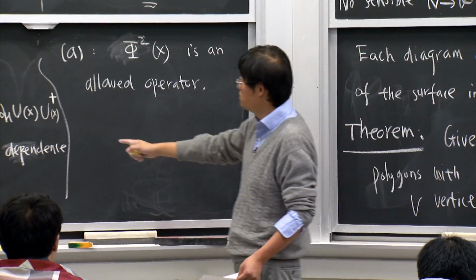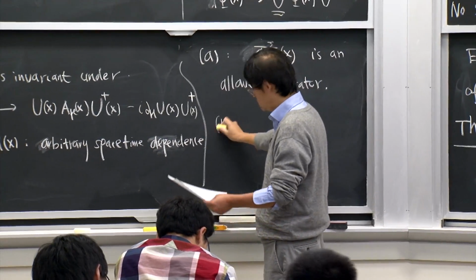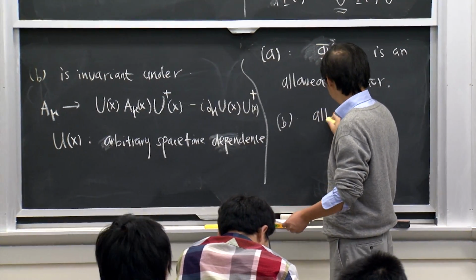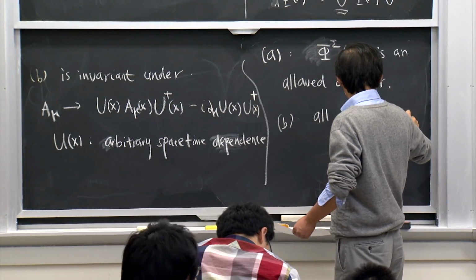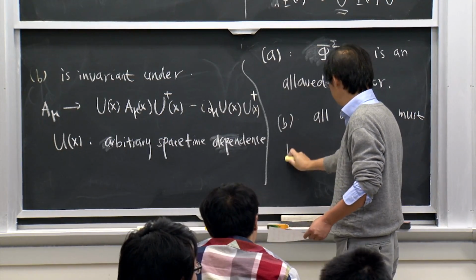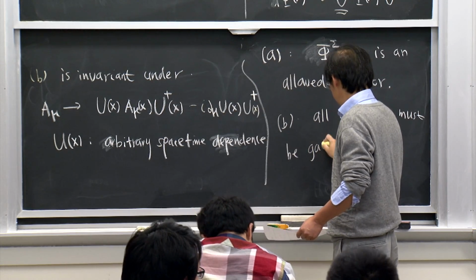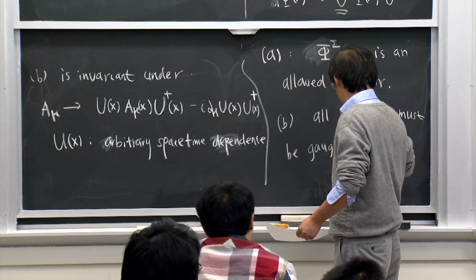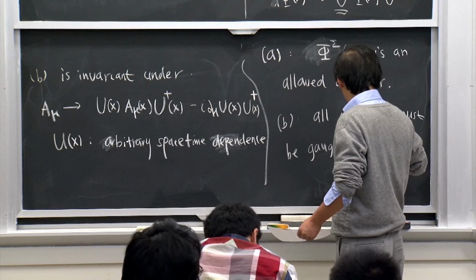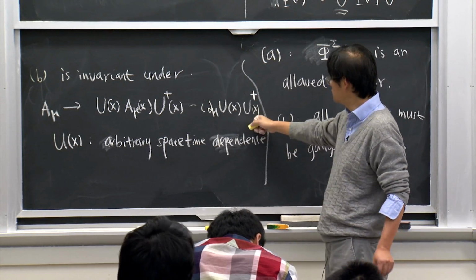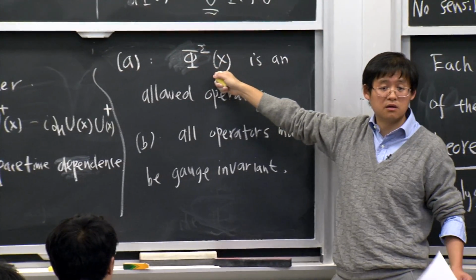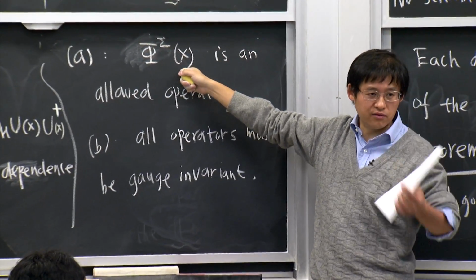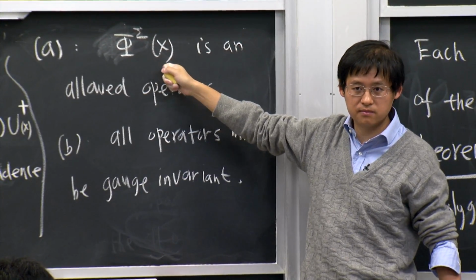But if you have a gauge symmetry, then all operators must be gauge invariant. That means all operators must be invariant under this kind of transformation. The analogs of these are not allowed operators.